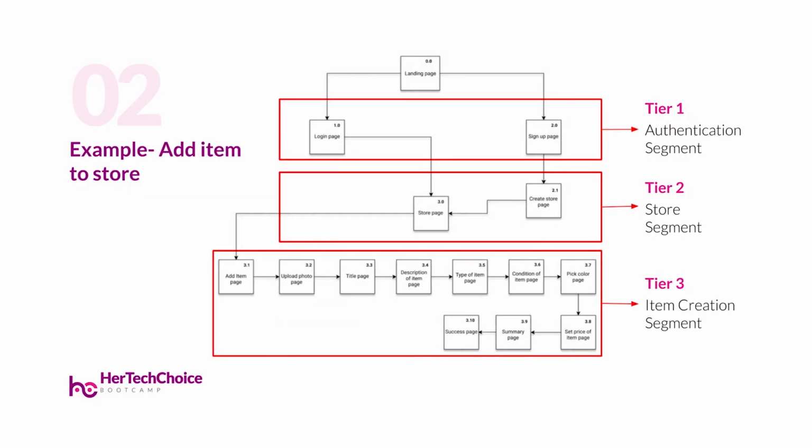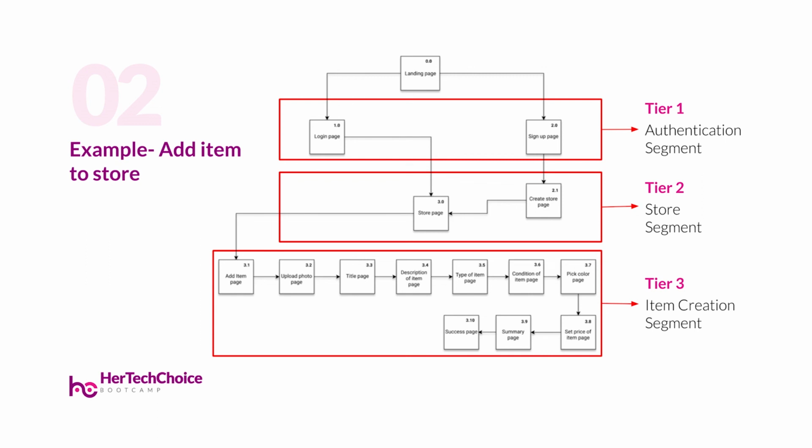Okay, now this is a major example of a sitemap. You saw fragments of it a minute ago, where we have the landing page at the top, which is the first page. Then it's subdivided into the login page and the sign up page. And I gave a tip of dividing your pages into tiers or segments.